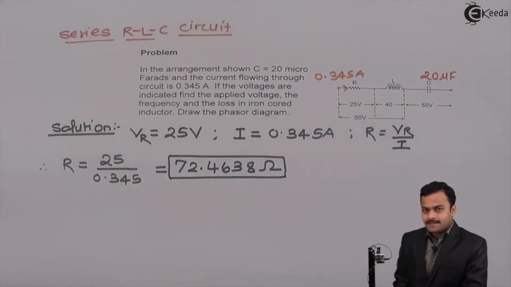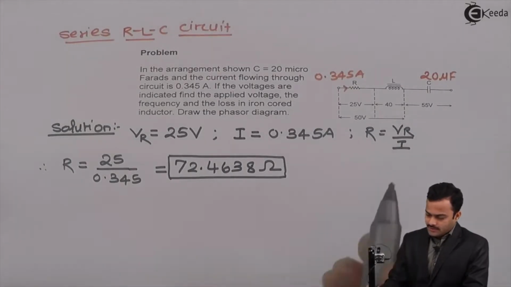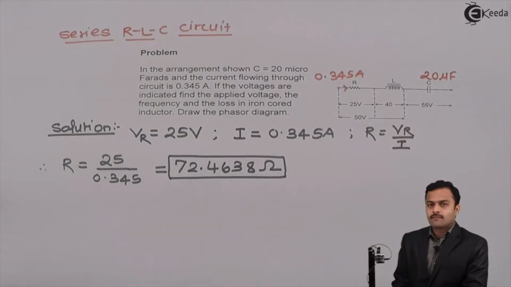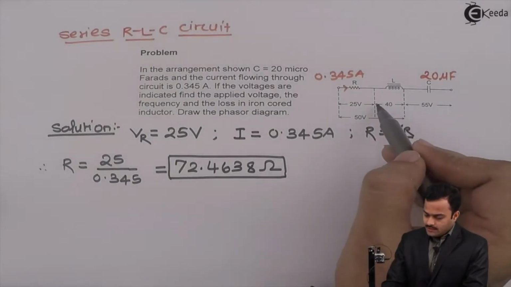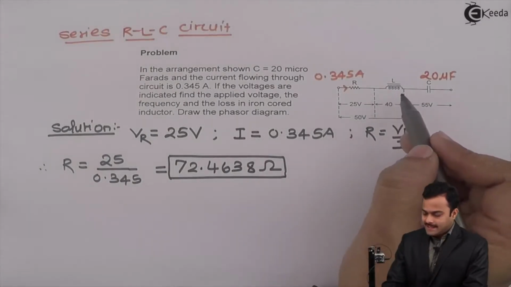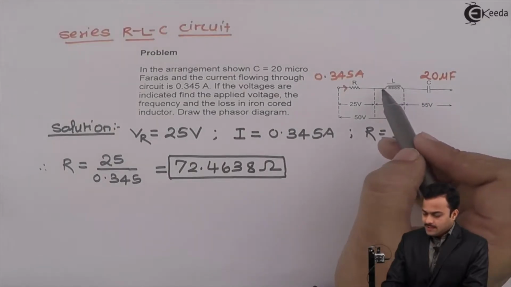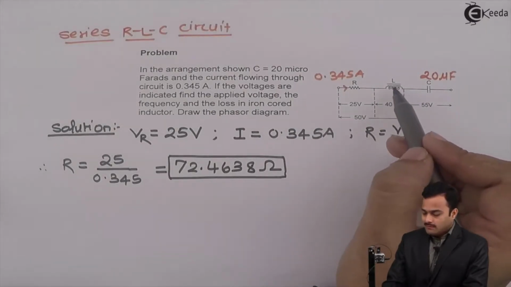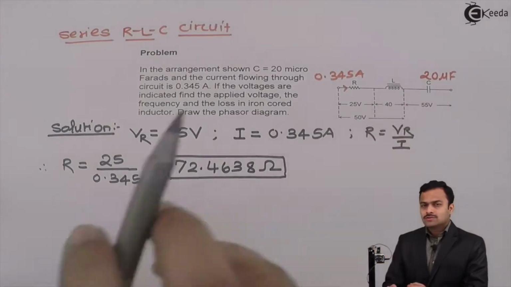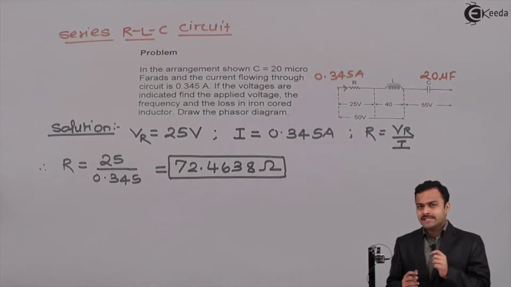Similarly, I can get impedance of this part. Here I will mention it as ZL. Here a pure inductor is given, but that is of iron core, so some resistance will be responsible for iron core losses and that we are supposed to find out.